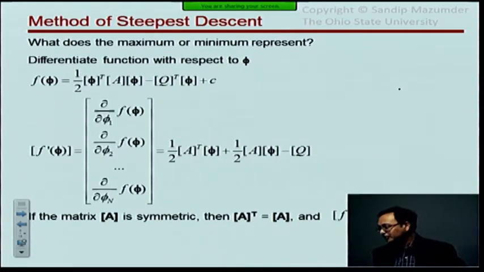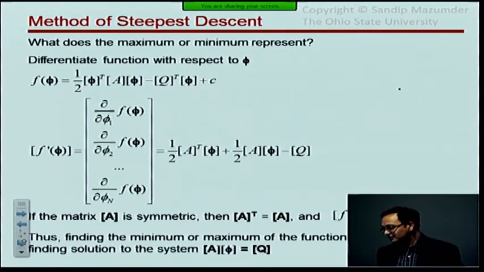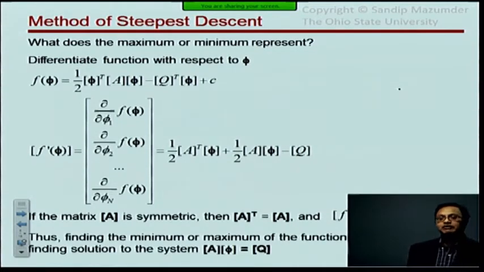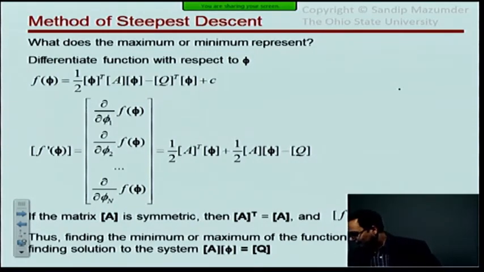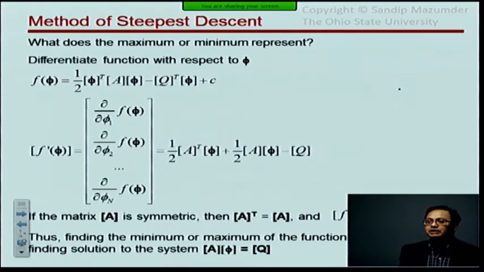So what does that mean? That means that if I set f dash equal to 0, which is what we would do to find the minima of that function, that is the same as solving A phi equal to Q. Because we set that equal to 0 to find my minima. So it's a completely different way of posing the problem.